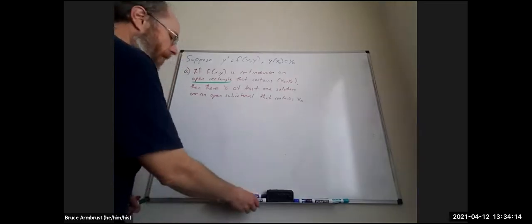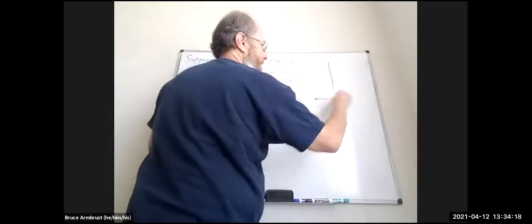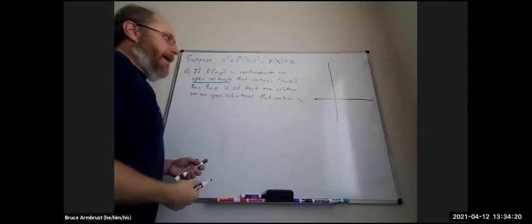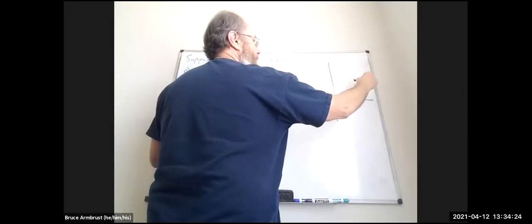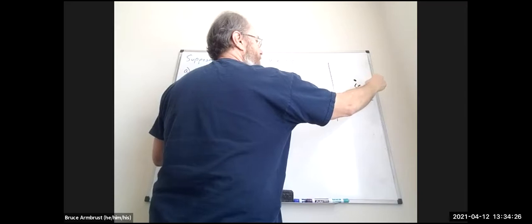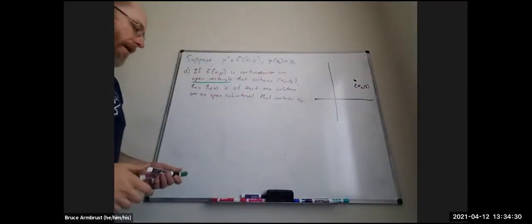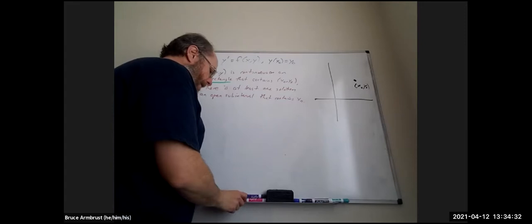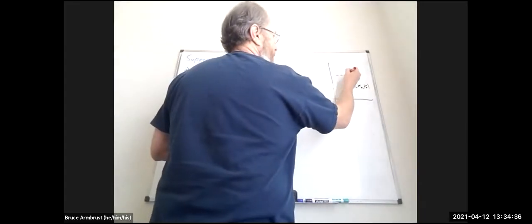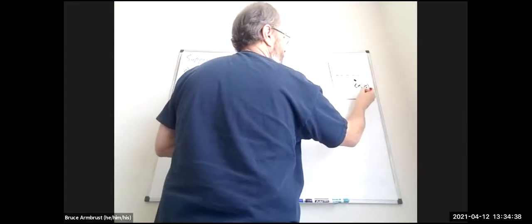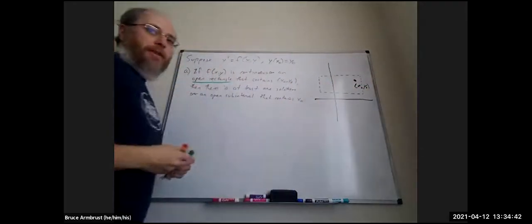So if we were to draw an x and y axis here, somewhere out here is going to be that point x naught, y naught. And an open rectangle about it would look like this.